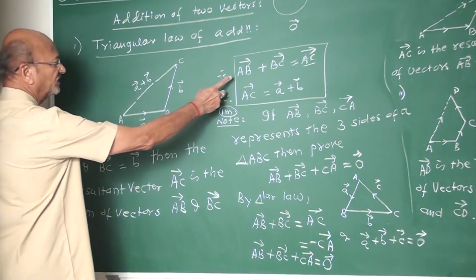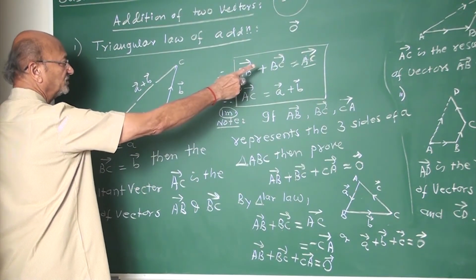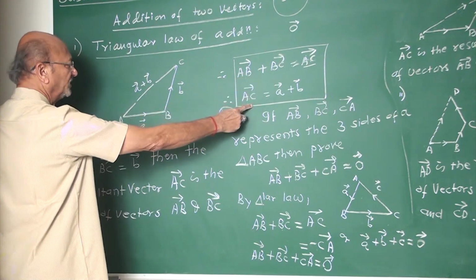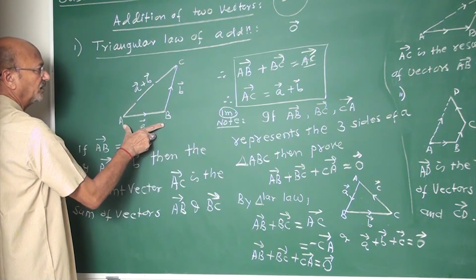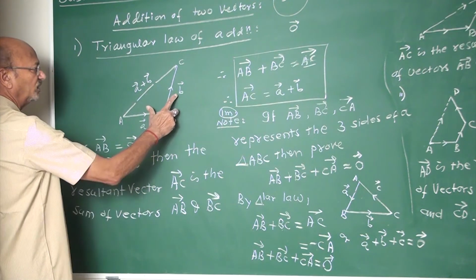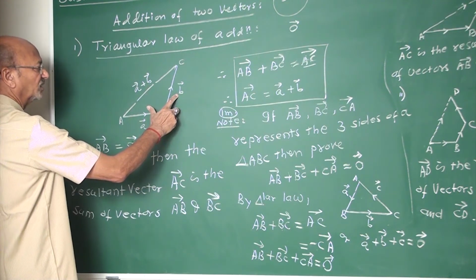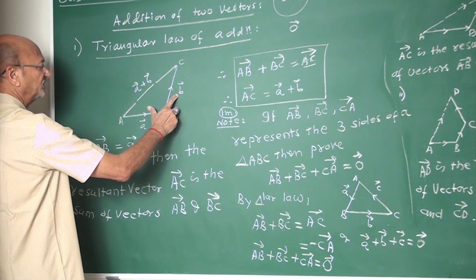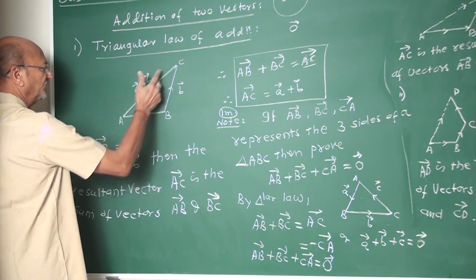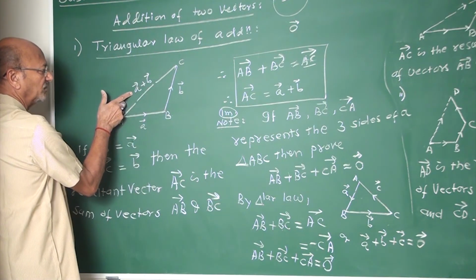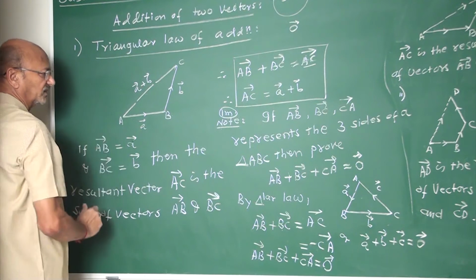Therefore, by definition, AB plus BC equal to AC. What is AB? It is vector A. What is BC? It is vector B. Or AB plus BC is AC, or this AC is nothing but A plus B, my friends.